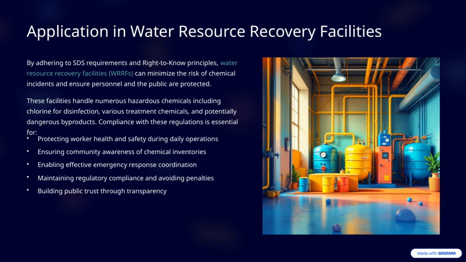When we follow safety data sheet requirements and uphold the right-to-know principles, we significantly reduce the risk of chemical incidents. Ultimately, by doing so, we not only safeguard our personnel, but also maintain public safety and trust. All these efforts are interconnected and vital to our mission of protecting both the environment and the community we serve.